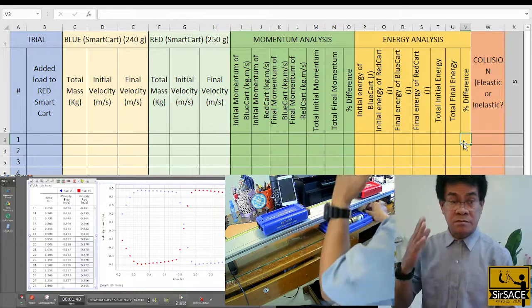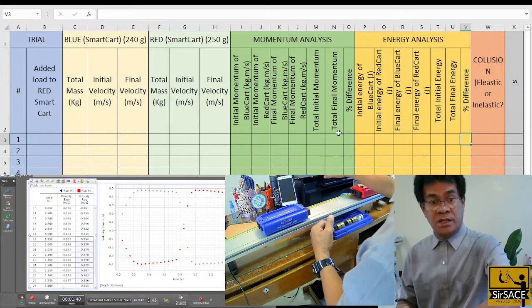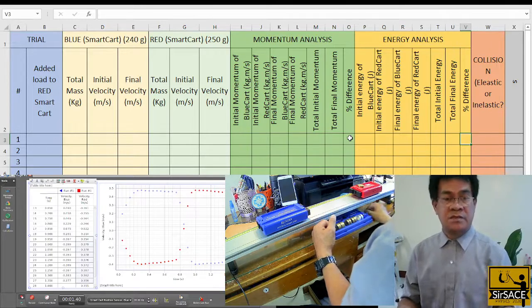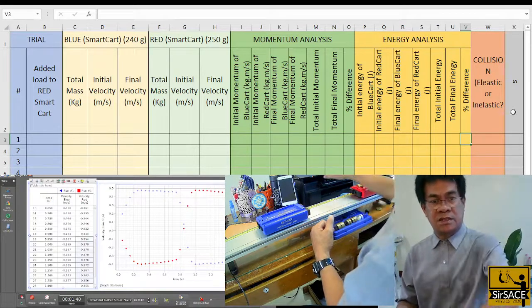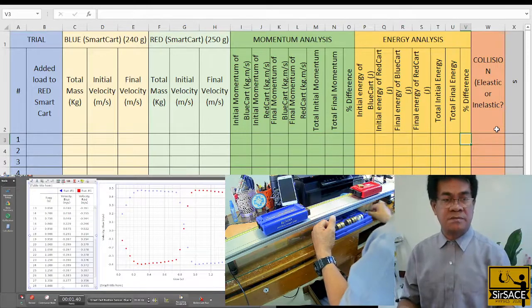Because remember, in elastic and inelastic, the momentum is always conserved. So in this case, we can always notice that the percent difference must be less than 10% always. But for energy, it can be less than or greater than.